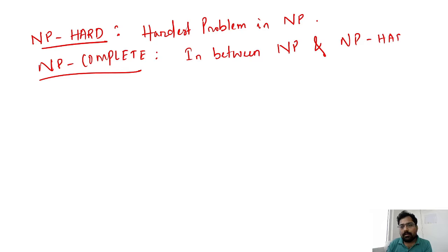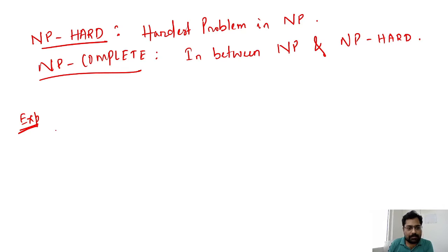So it is in between NP and NP hard, and we can say it's complete for us. Sometimes I give a better example so it can be easily understood. If we can distinguish NP and P, suppose we take a game. In general we play many games. I'm giving four examples, to show how we can detect it.